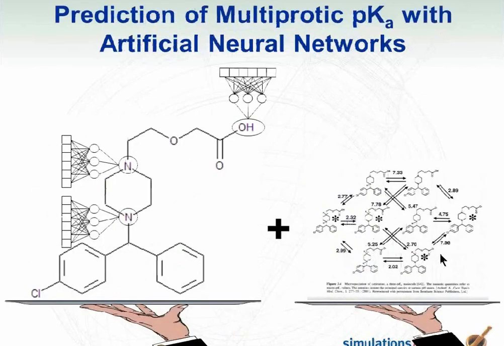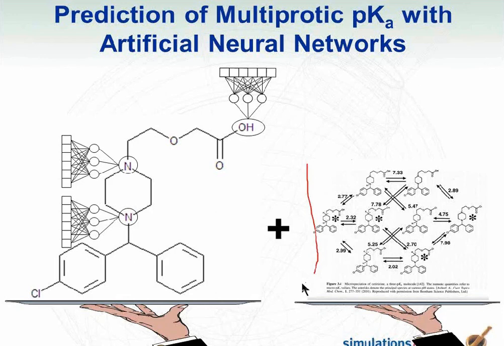So kind of putting this all together and applying it back to cetirizine, we would have a training set, and for each one of the ionizable groups in the training set, we would develop artificial neural network ensemble models, and then combine that with microequilibrium theories from the predicted microconstants to calculate the apparent pKa's for each of the molecules.